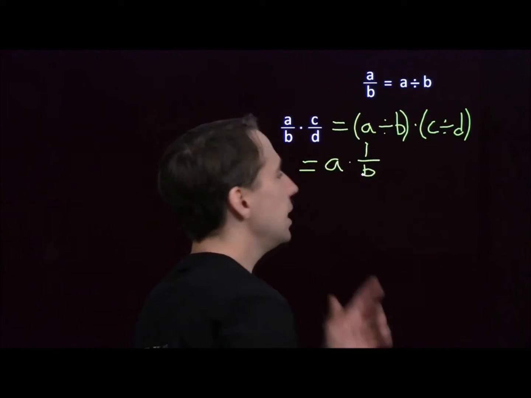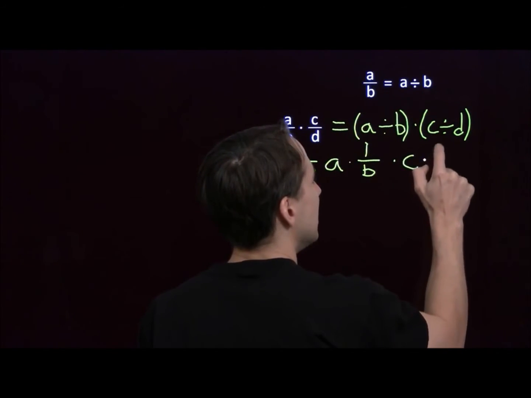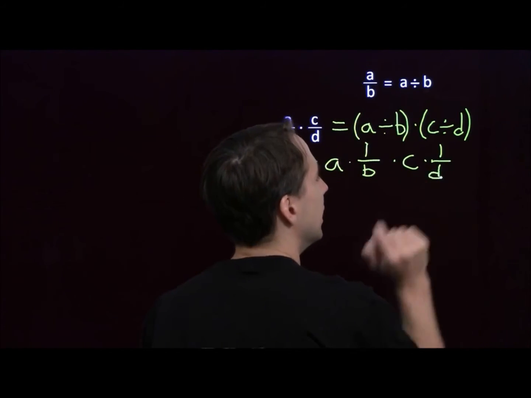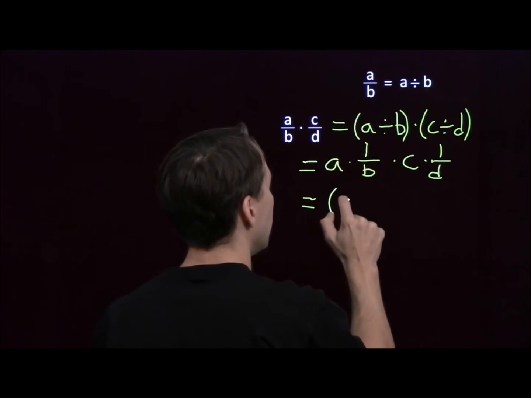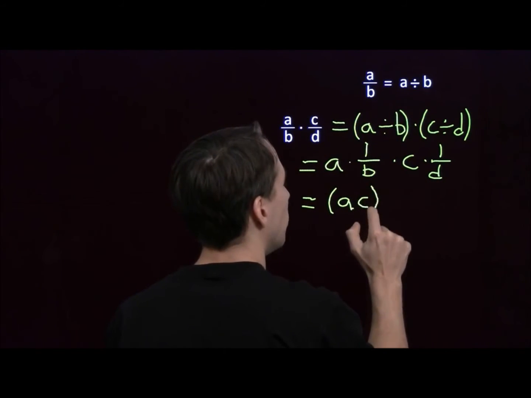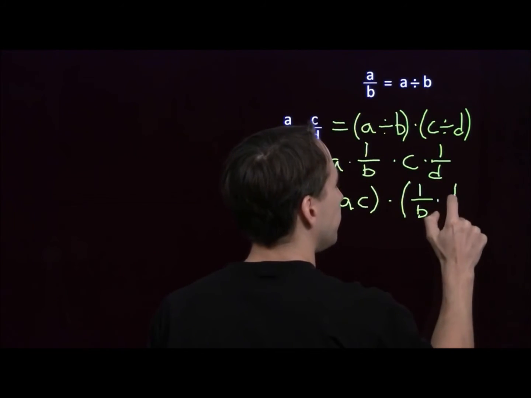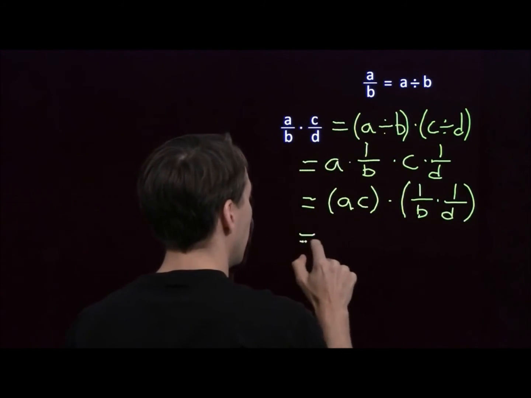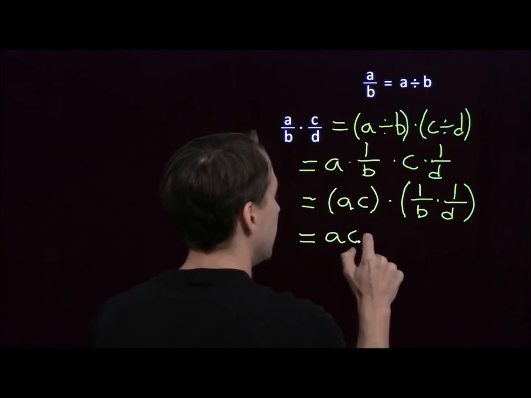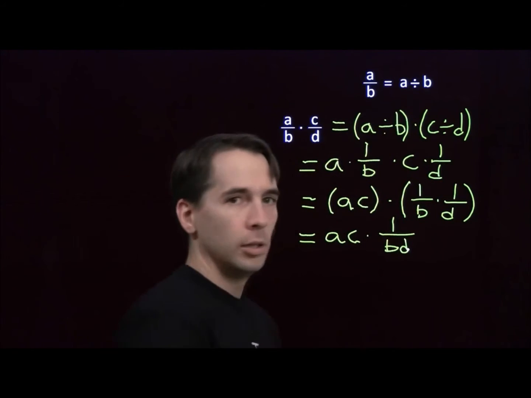a divided by b is a times the reciprocal of b. c divided by d is c times the reciprocal of d. Reorder this, put the a and the c together. That's why we like turning everything into a multiplication. Put the b and the d together. We know how to multiply these reciprocals, and we get ac times the reciprocal of bd.